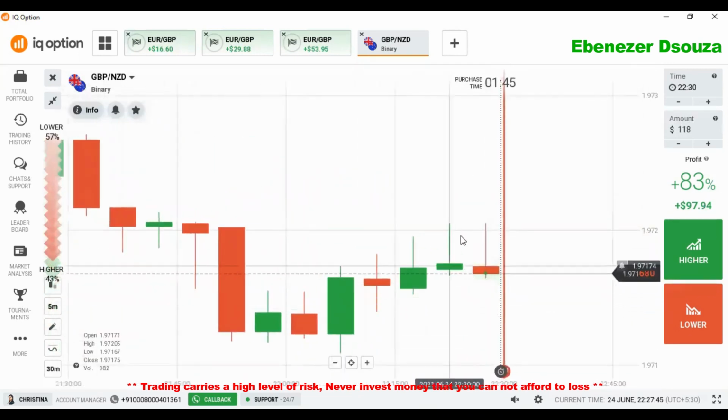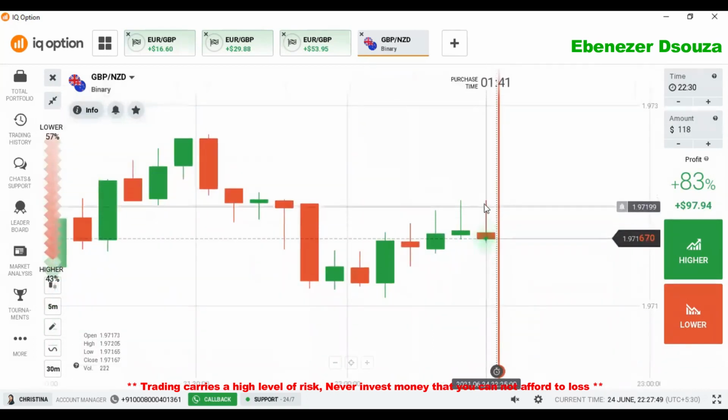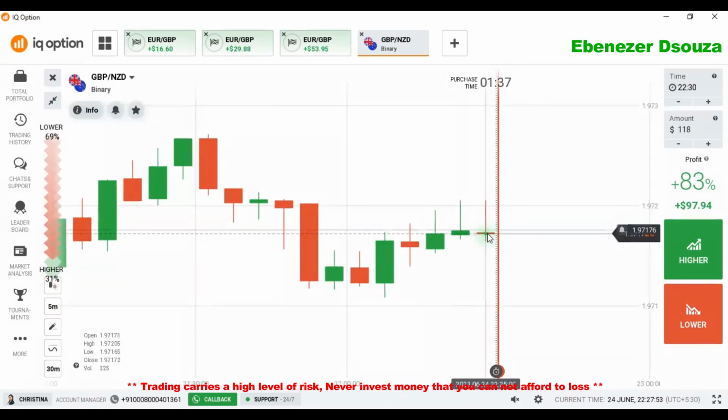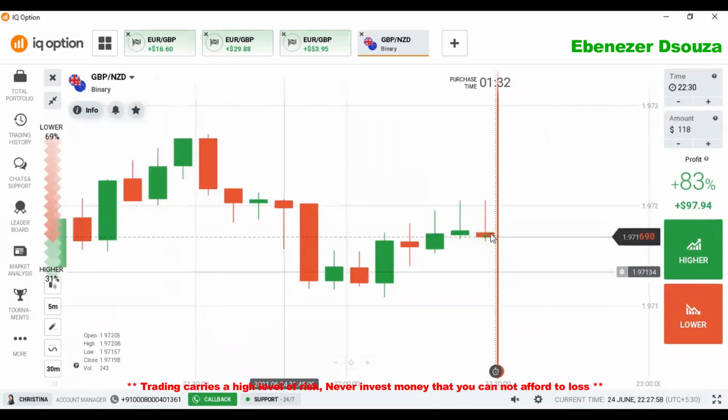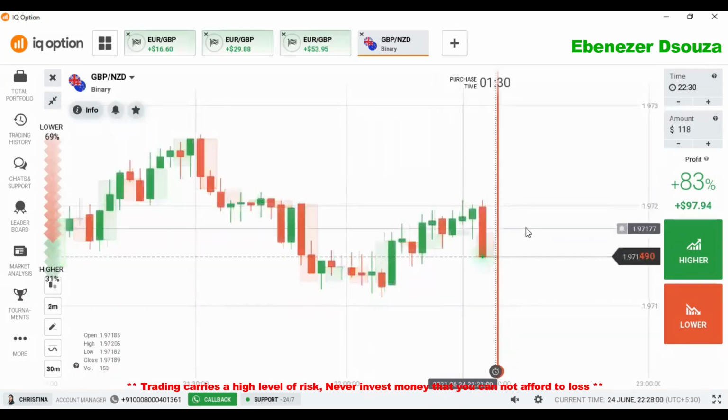So in the 5-minute chart, it's a weak candle with strong rejection. Again we are seeing a rejection. Maybe the next candle might be a bearish candle in the 2-minute chart, because we are seeing strong rejections.